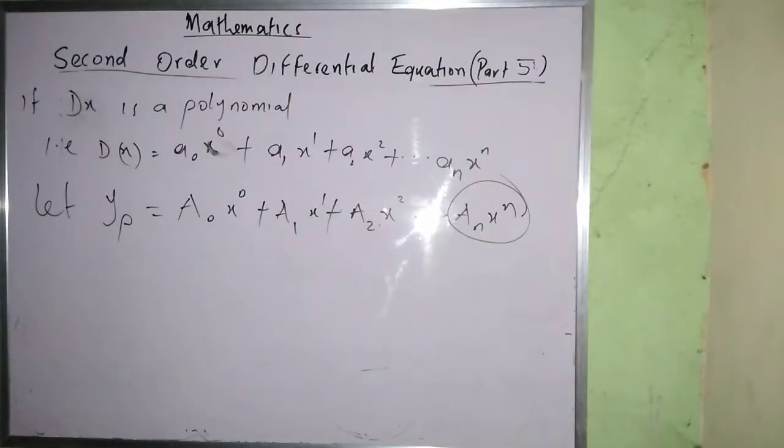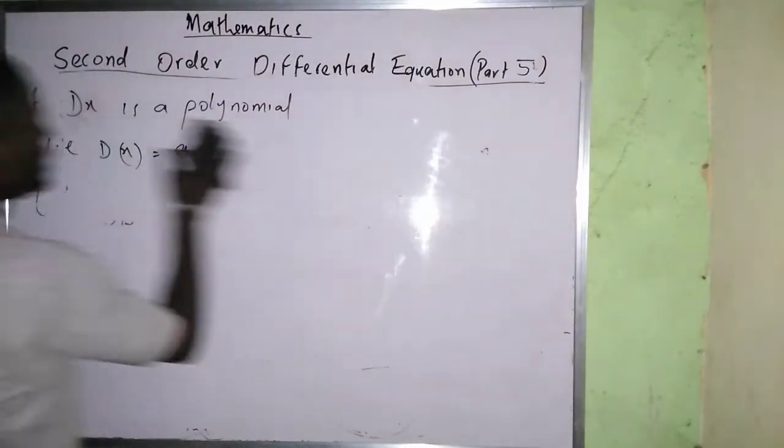For instance, I have this type of problem that I want to work on: y double prime minus 3y prime plus 2y equals 4x squared.